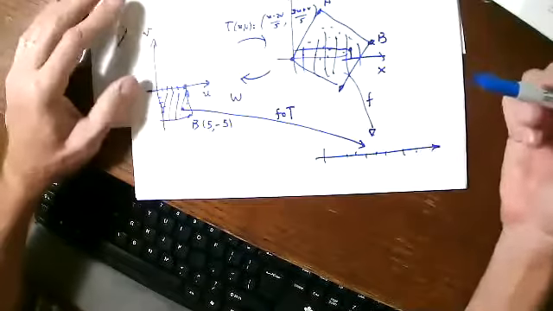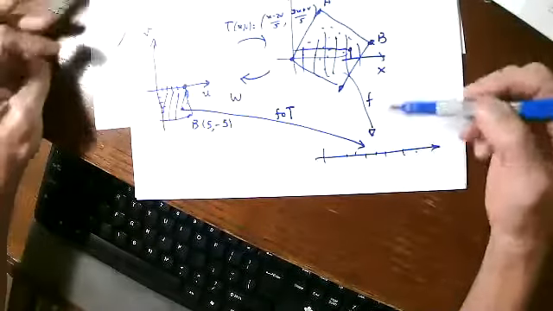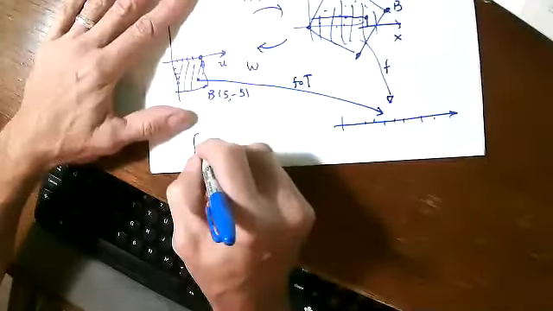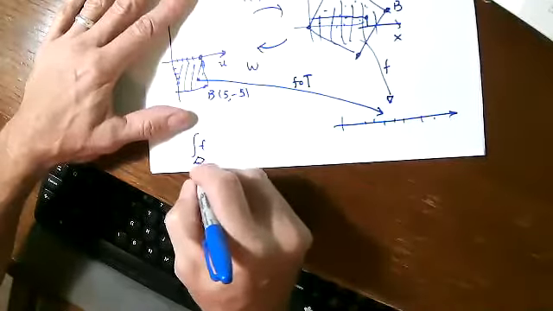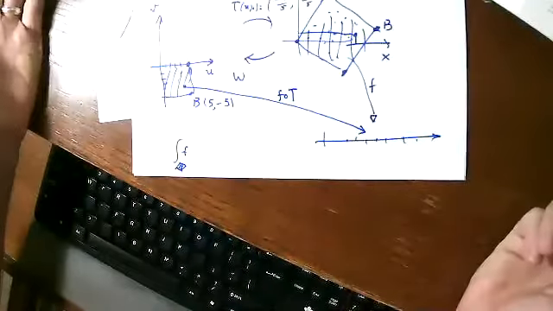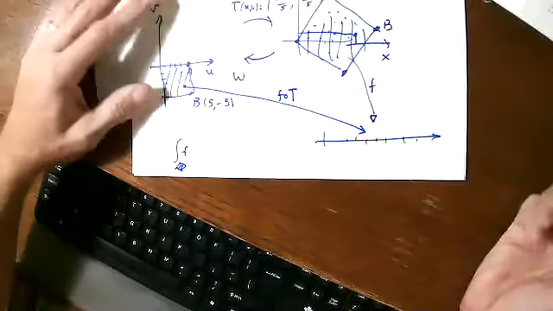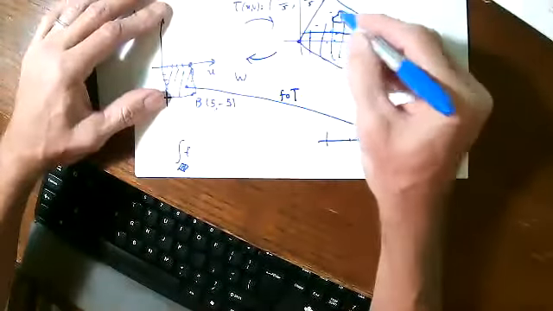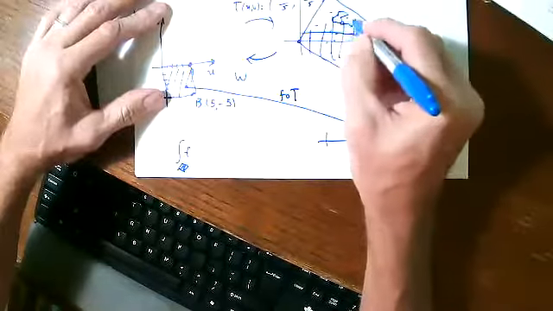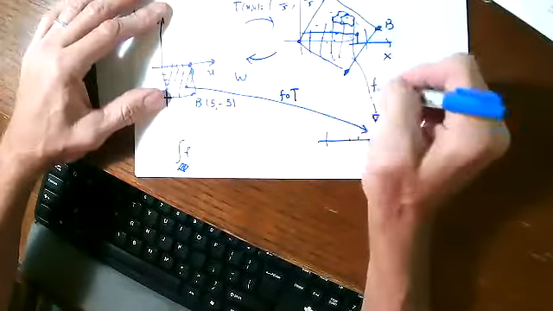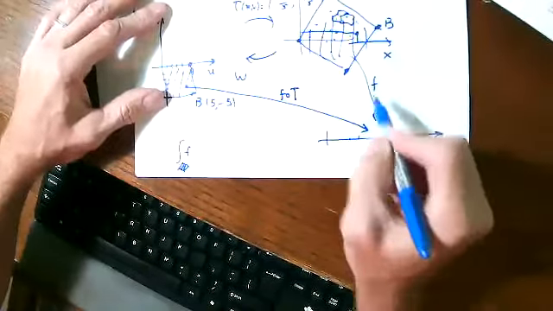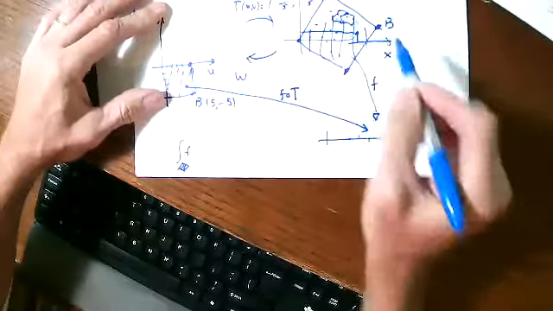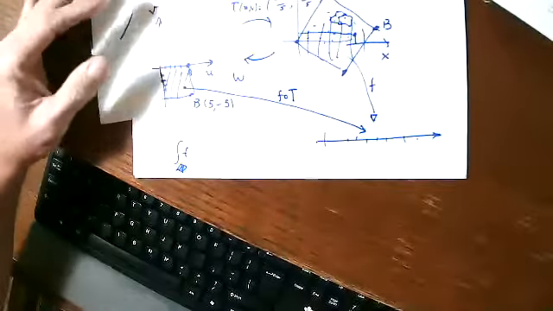But in both cases, I have this idea that I'm going to evaluate the integral of this function f over this diamond. It's still the same idea that it always has been in every one of our integration problems. You're going to take this, break it up into little parts, and evaluate the function at one point within each part, and then multiply the value of the function times the size of the part, and then add them up.